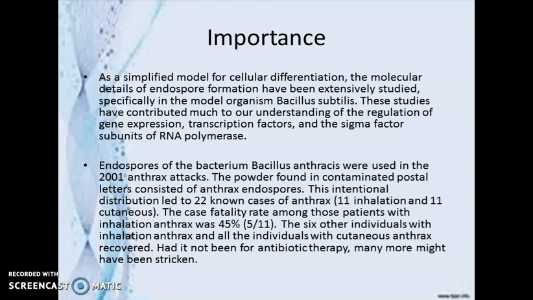The case fatality rate among those patients with inhalation anthrax was 45%, that is 5 among 11. The 6 other individuals with inhalation anthrax and all the individuals with cutaneous anthrax recovered. Had it not been for antibiotic therapy, many more might have been stricken.